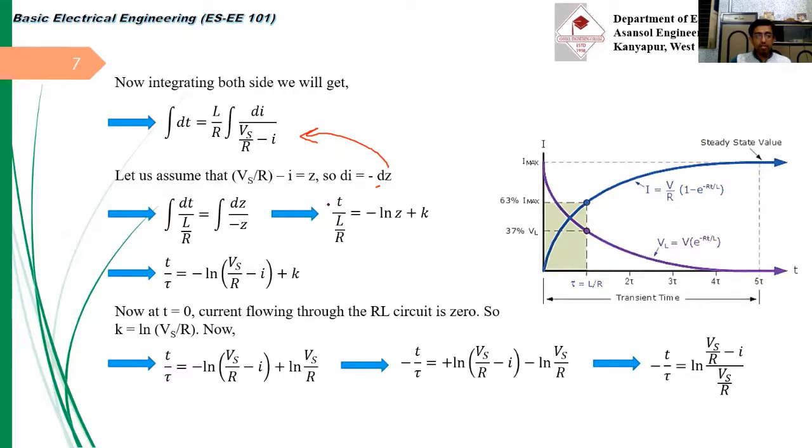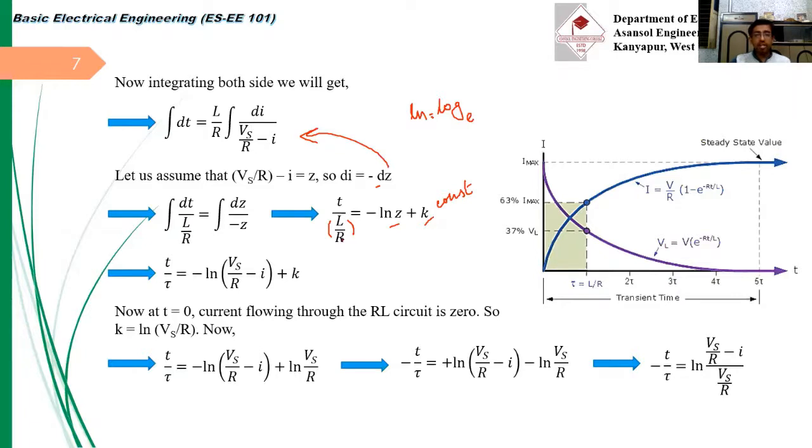So after integration, t by L by R equals minus dz by z, and after integration the value is ln z. Ln means log to the base e. That is ln z plus k, where k is the integrating constant. What is L by R?